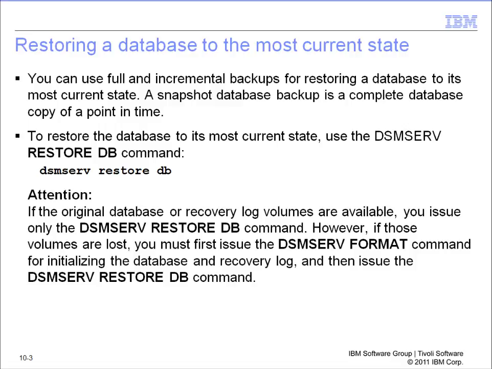If you do not have all of your recovery log volumes, you would need to first format your database before issuing the restoredb. Remember, if you're needing to restore your database, your server will be offline. This is why you preface the command with dsmserv. That lets your operating system know this is a TSM command.